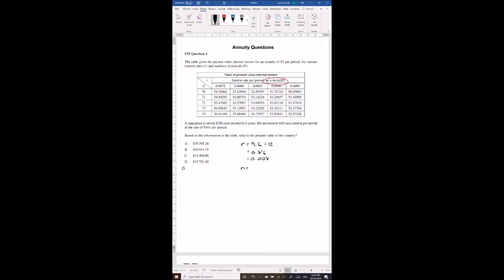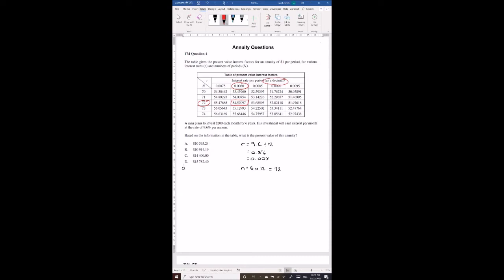The second thing we need to do is determine the number of time periods we have. So n equals 6 times 12, because for every year we've got 12 months, we're going to have 12 different payments. So that's going to equal 72. Now, if we go back up to our table, we find 72, our 0.008. So this is the interest factor that we are interested in.